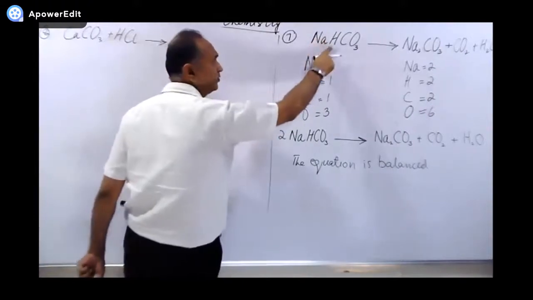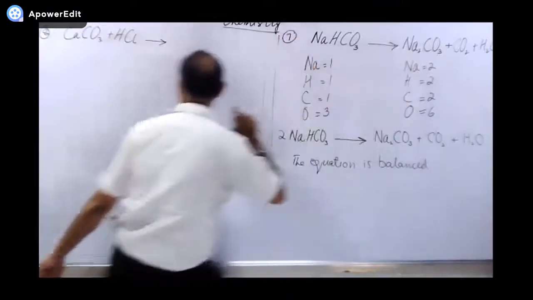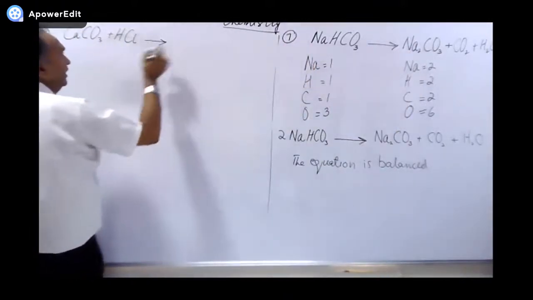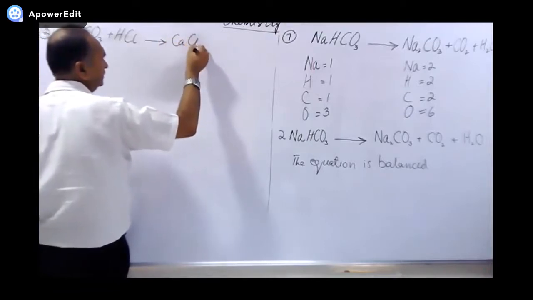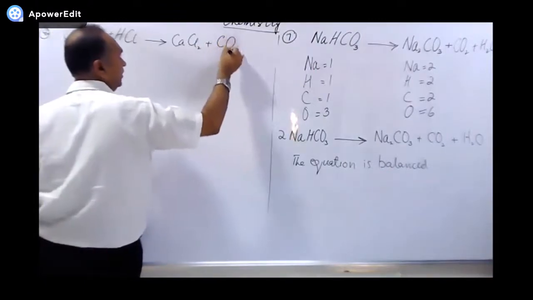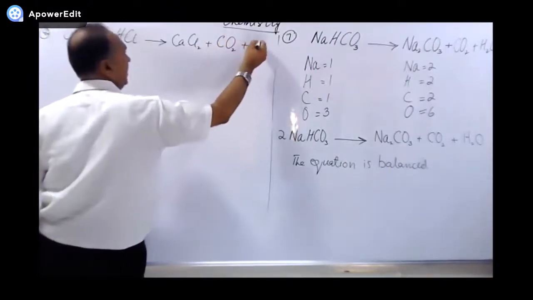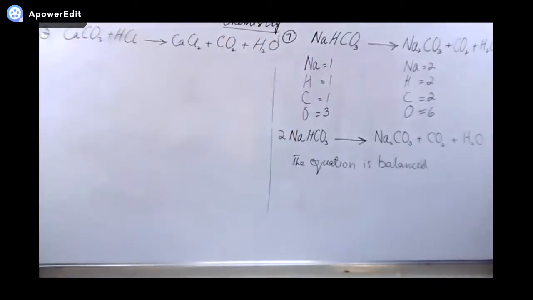Sodium hydrogen carbonate. And what is this sodium carbonate? So this one is calcium carbonate. And what are the products? CaCl2 plus CO2 plus H2O. Okay?